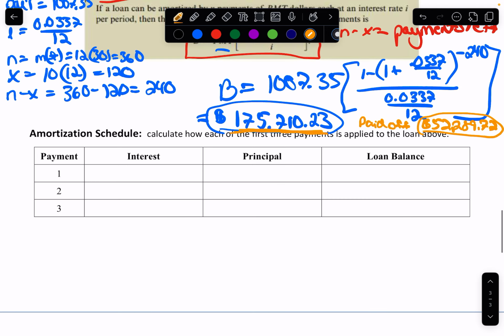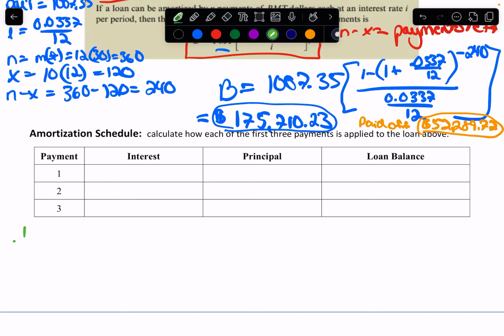Okay, so now we're going to look at the amortization schedule. We're going to calculate how each of the first three payments is applied to the loan above. So how do they go? What happens here?